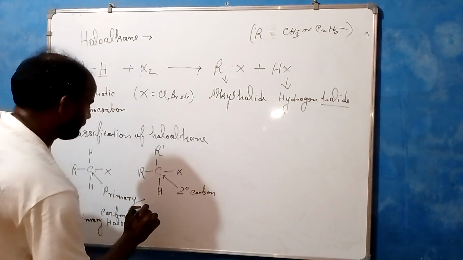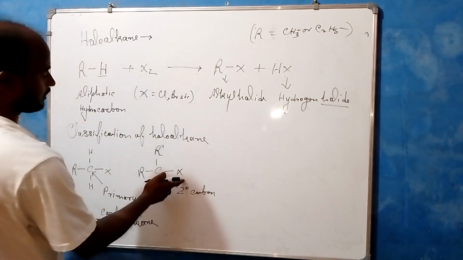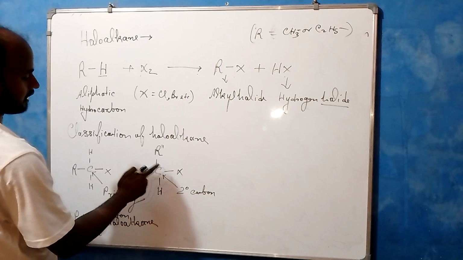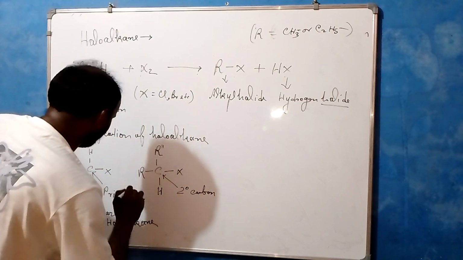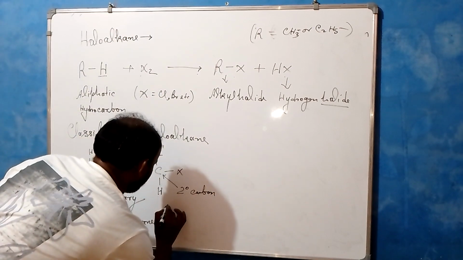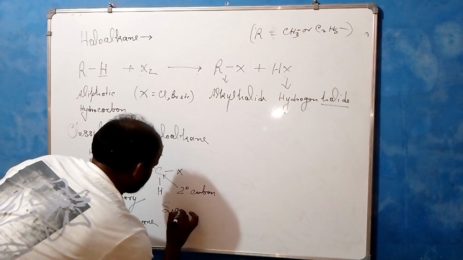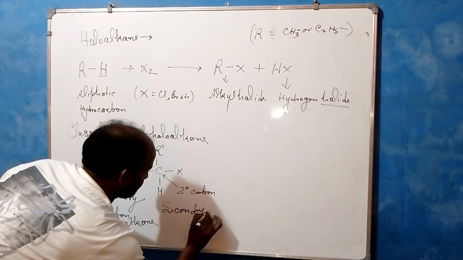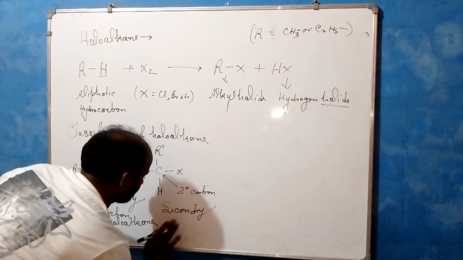When the halogen atom is attached to the secondary carbon, it is called secondary haloalkane.